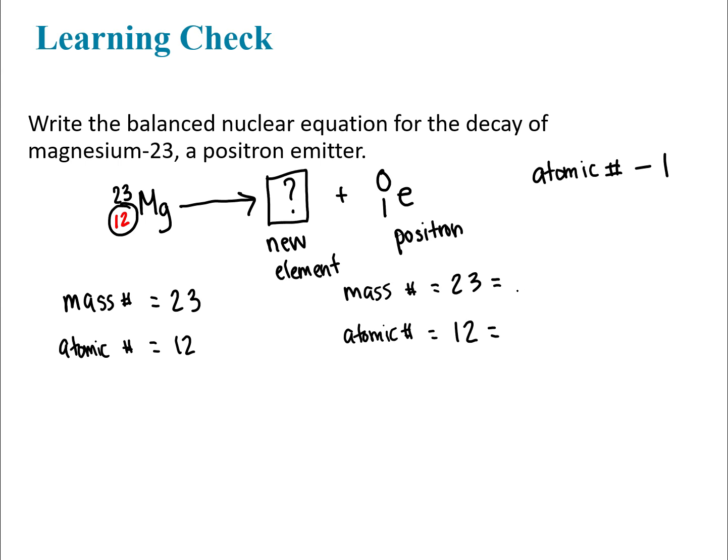The mass number, we've got the new element, which we don't know yet, and then we've got a positron, which contributes 0. A positron doesn't have a mass number. So we know that our new element has the same mass number as magnesium.